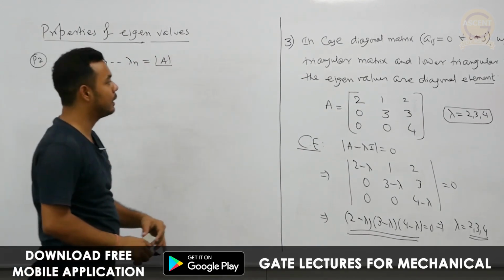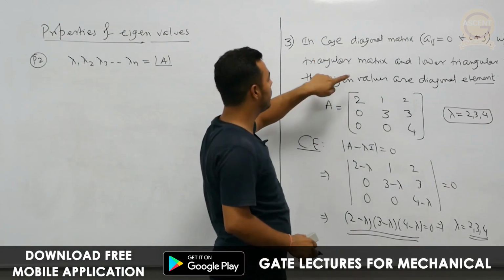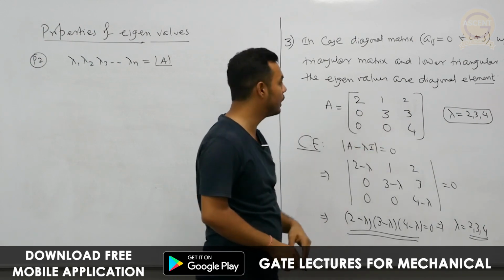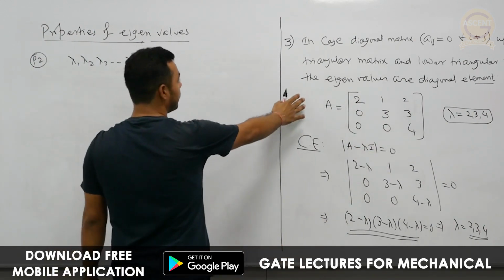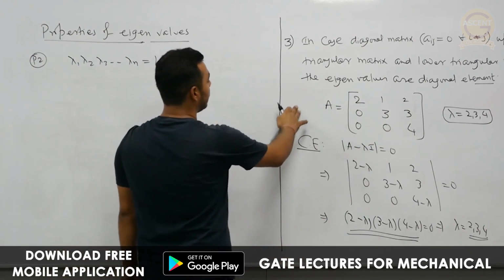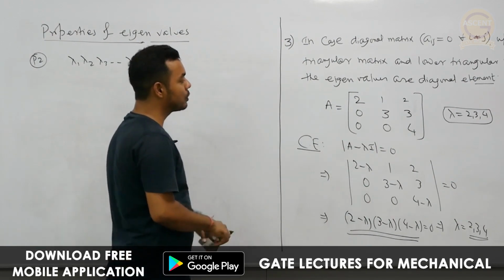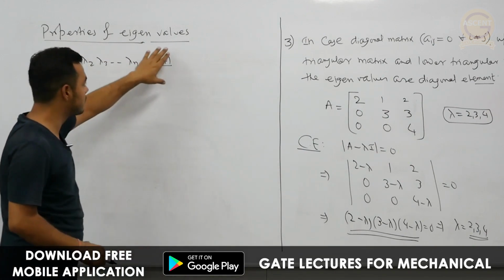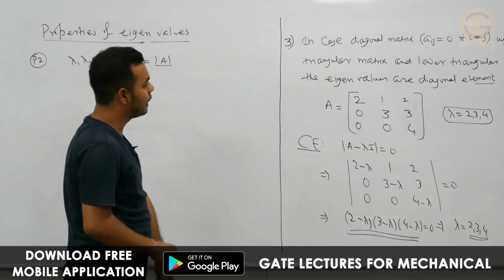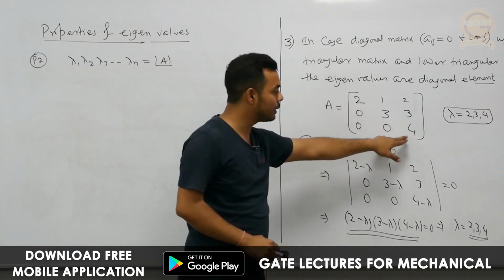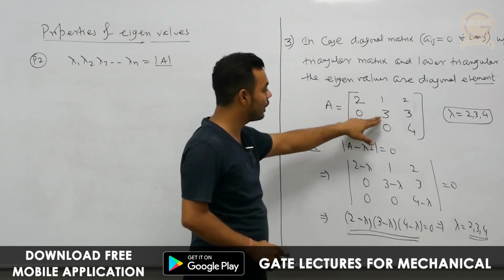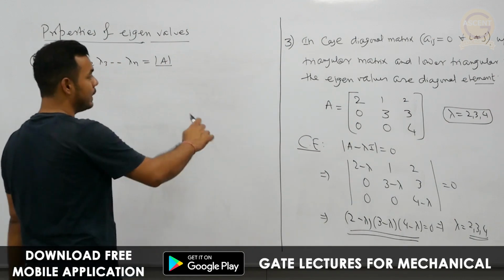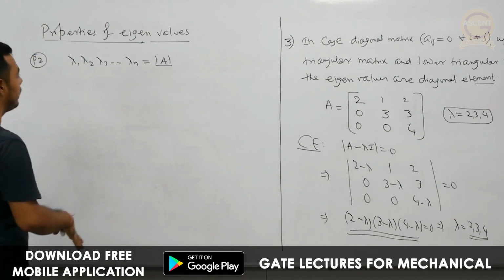And we have seen that in the case of a diagonal, upper triangular or lower triangular matrix, the eigenvalues are nothing but the diagonal elements. So this means in the case of these three matrices, the determinant will also be the product of the diagonal elements, because the product of eigenvalues is the determinant of the matrix and the eigenvalues are nothing but the diagonal elements. So for these types of matrices, you don't have to calculate the determinant.